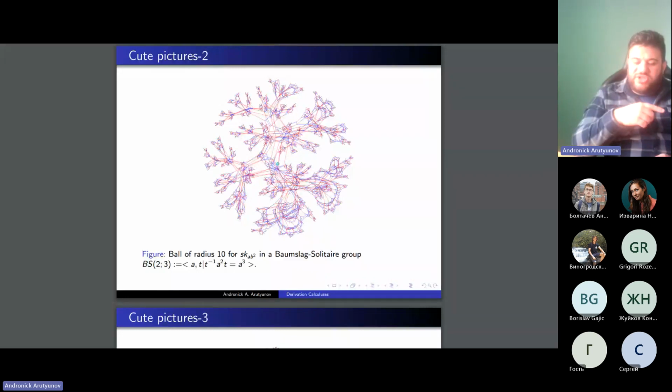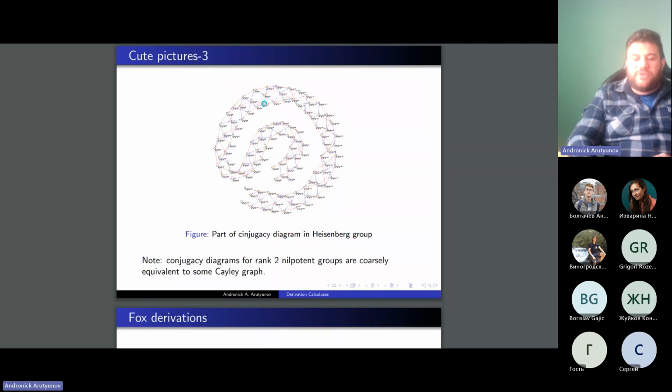And now you see that it is not periodic or vertex transitive. It's just a part of the diagram, but it's already a good sign that it's absolutely aperiodic. But sometimes, for example, if you take the Heisenberg group or, more generally, nilpotent groups of rank 2, then their conjugacy diagram is equivalent to some Cayley graph.